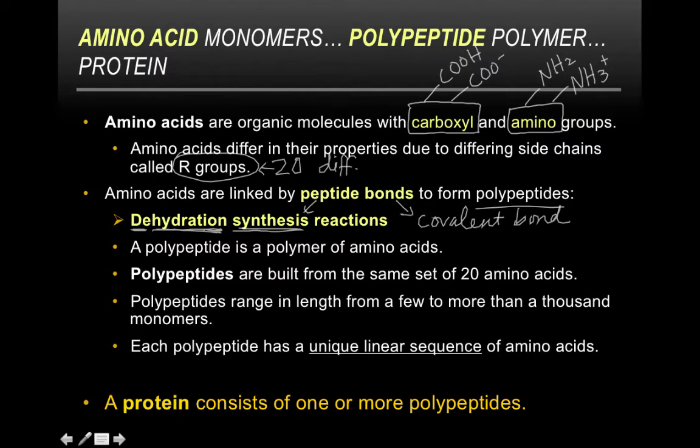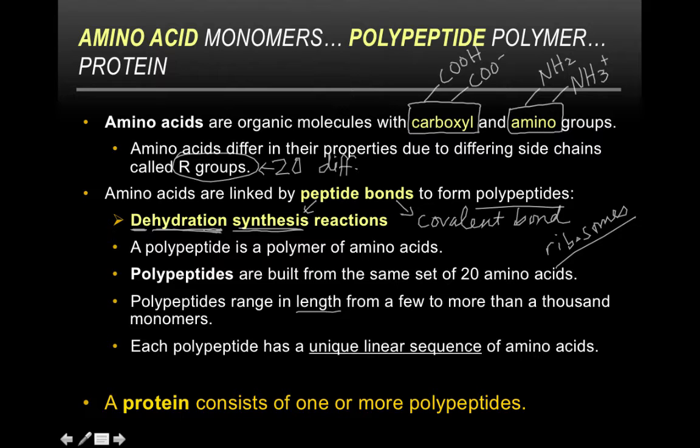The cellular machinery that does this, that performs dehydration synthesis to construct peptide bonds, is the ribosome. All cells have thousands of ribosomes that create these new bonds between amino acids. The result is a polypeptide, which of course can vary greatly in its length and its types of amino acids.